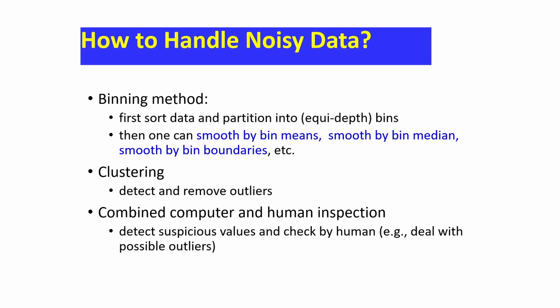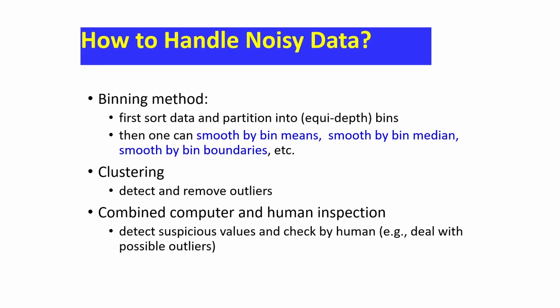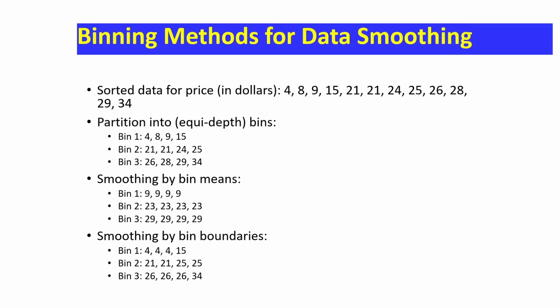You can also use clustering techniques I talked to you about, right, to detect and remove the outliers. So, you can plot the data, make different clusters, and if you find some data outliers, simply remove them. And obviously, you can use your own intelligence along with computers to detect the suspicious values and deal with possible outliers. So, this is the example, you can look at it, I will not go into details of that.